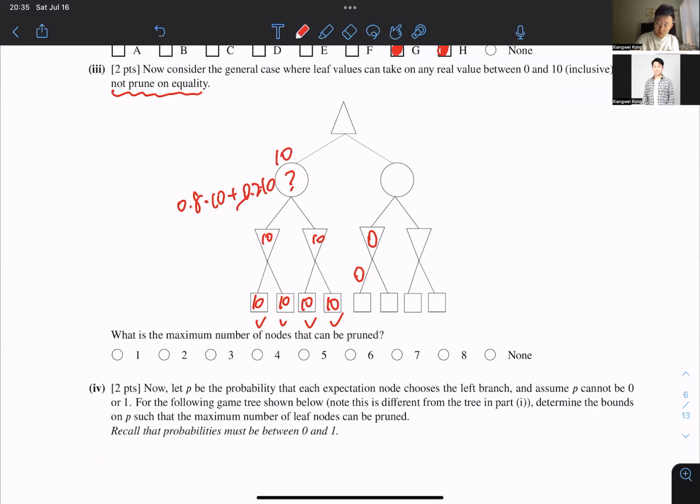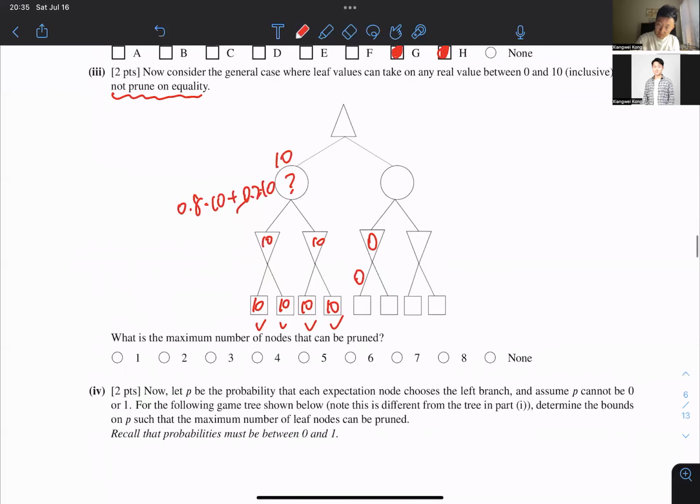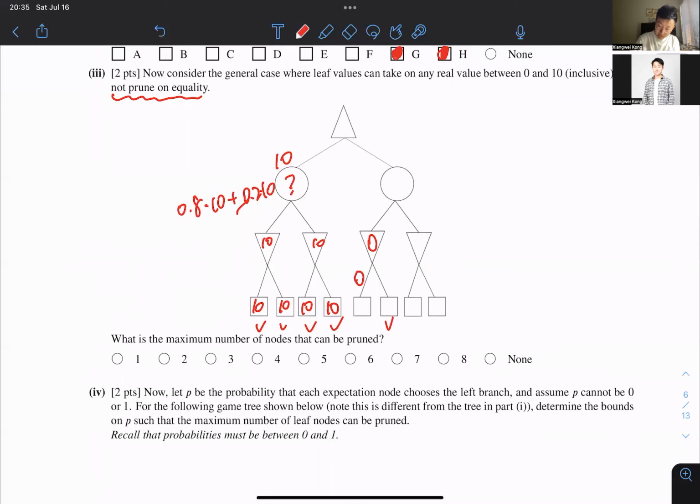If it's 0, then no matter how big the value for this is, this right node will be guaranteed to be less than 10, because 0.8 times 0 plus 10 times 0.2 is still 2. So we don't need to look at them because the maximizer will definitely choose the left branch. So that's why the maximum nodes that can be pruned are 3.